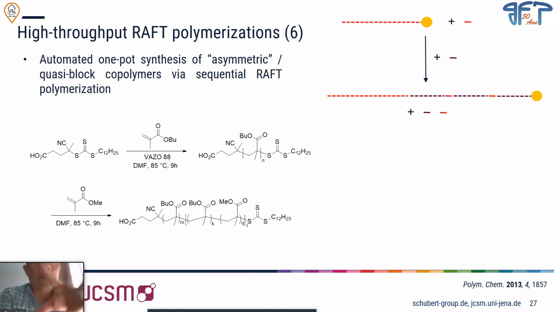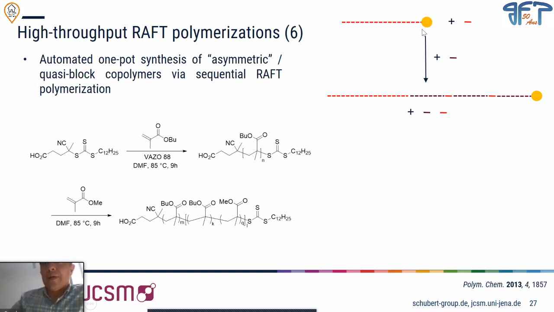So butyl acrylate, we bring it to 80%, 70% conversion. And then once it's finished at this stage, we just add the second monomer to the same pot, in excess or in different concentrations, you can see it here in the scheme. So you build up the macro RAFT agent with the first monomer.